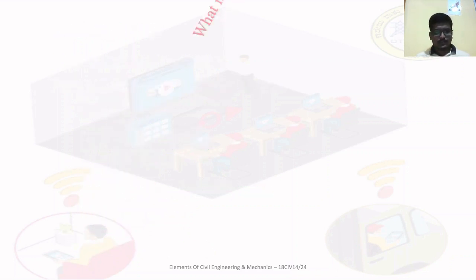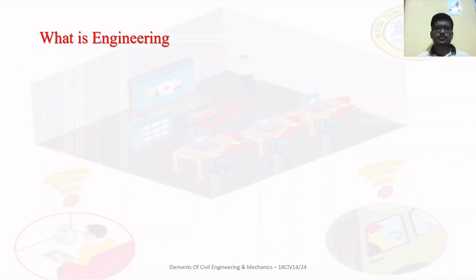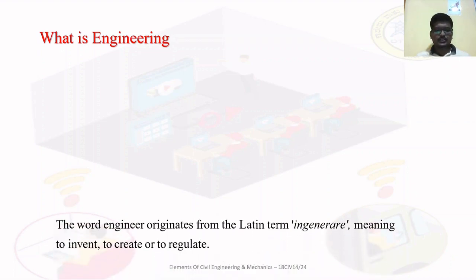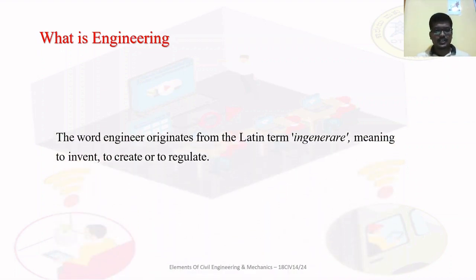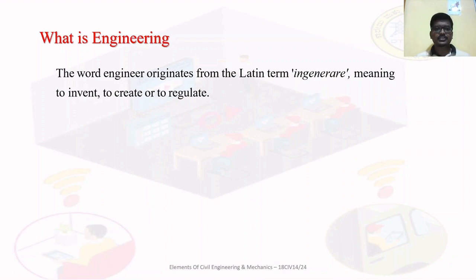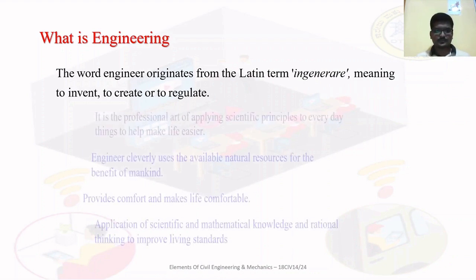Before coming to my subject, I'll let you know, what is engineering? The word engineer originates from the Latin term ingenere, meaning to invent, to create, or to regulate. He is the one who invents, creates or regulates with the available resources.